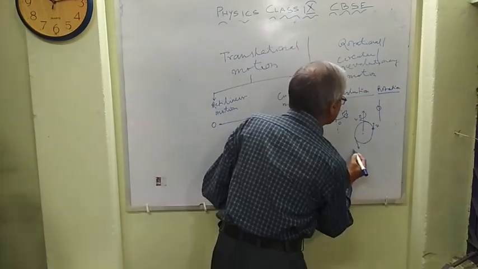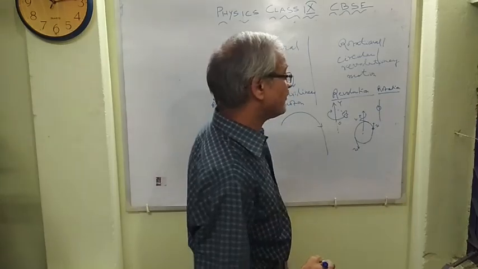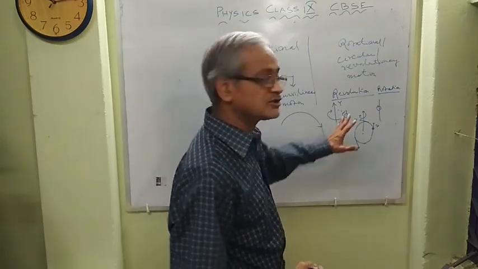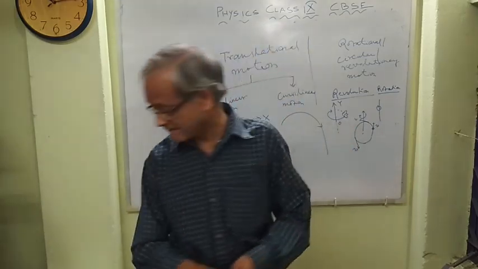Then this type of motion is called uniform circular motion. This is called uniform circular motion.